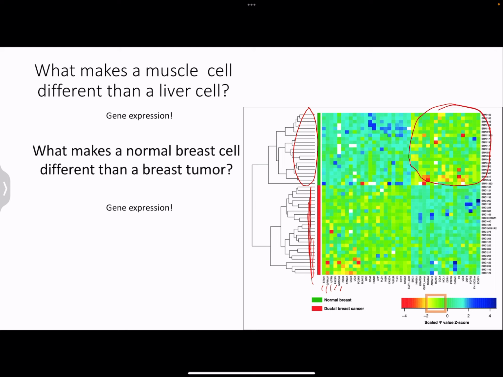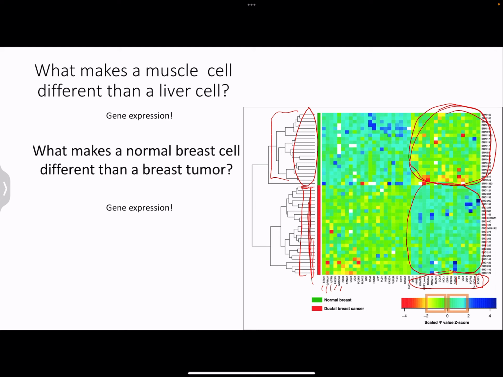So this would be lower expression here. And then if I look at this, it looks like higher expression. And what I'm seeing is that associated with all of these breast cancer cells, I have higher expression of all of these genes. And with all of these normal cells, I have lower expression of all of these genes. Well, I wonder what these genes are. If we look at this one, this is epidermal cell growth factor. This is an oncogene.